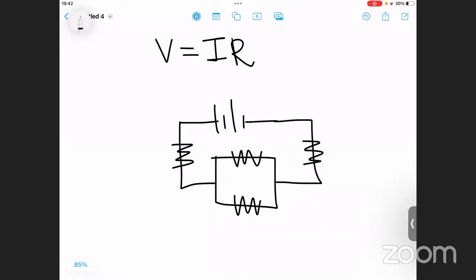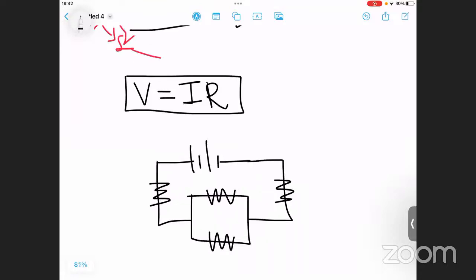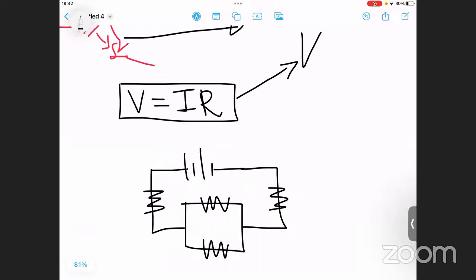So you see now, this formula, which says V equals IR, you use this formula for calculating V. Maybe let me say external. I'll explain some more on that.